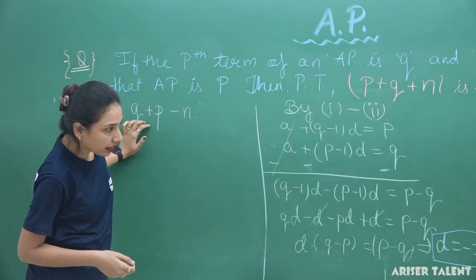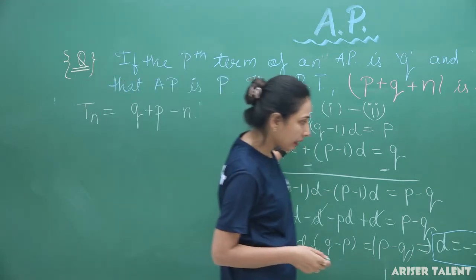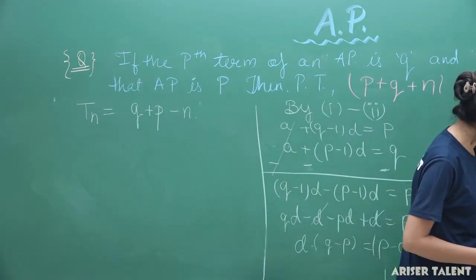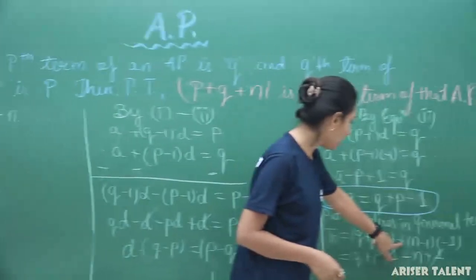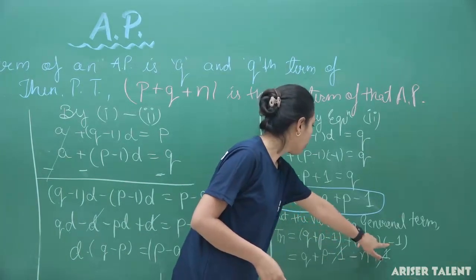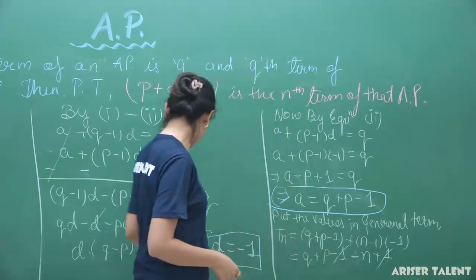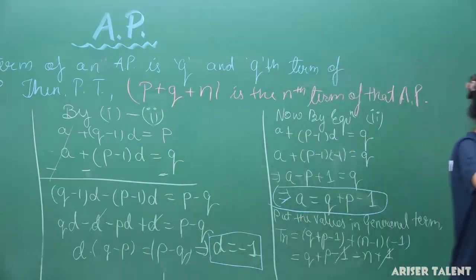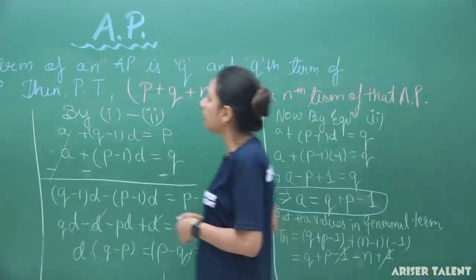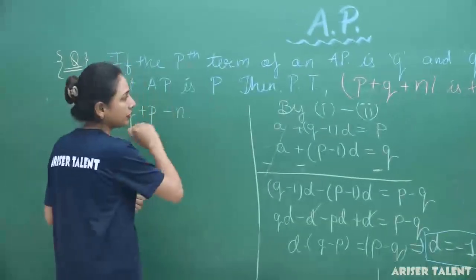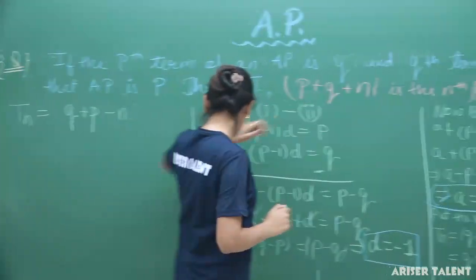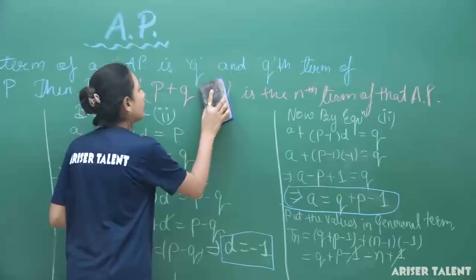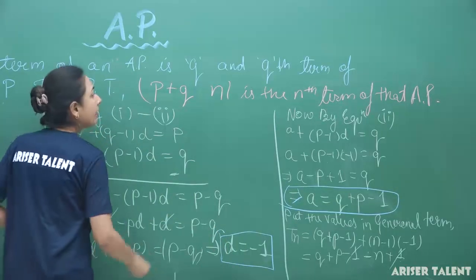Let's look at the equation, whether we have done it correctly or not. P plus Q minus 1, minus N plus 1. Just a minute. Basically, in this question we have written this plus sign wrongly; it should be minus.